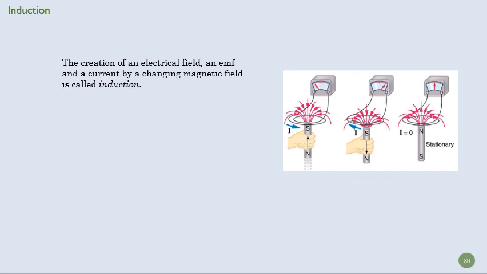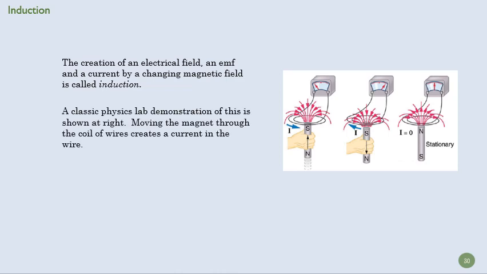And this is an example of what's called induction. It involves creating an electrical field by changing a magnetic field. And one example of this, and you'll actually do this in some form or another in our lab, but the classic physics lab is you move the magnet through the loop of wire, right? Well, what are you doing? You're changing the amount of flux through that wire, right? I've got a bunch of flux when my magnet is real close to it.